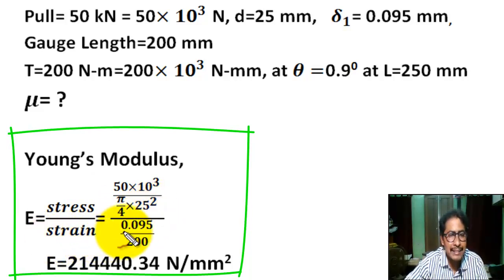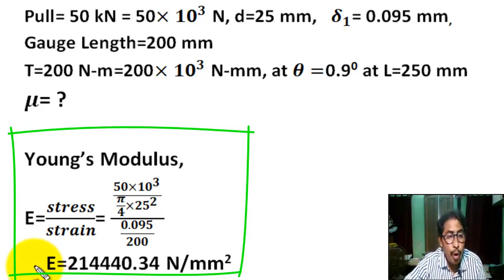Strain equal to extension by gauge length, extension here 0.095 millimeter and gauge length or experimental length equal to 200 millimeter.